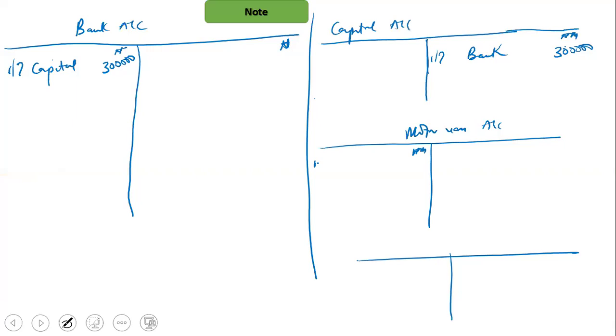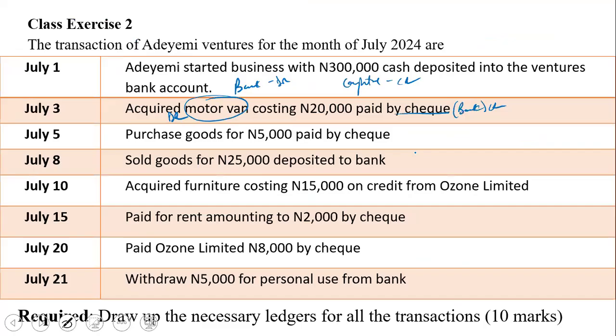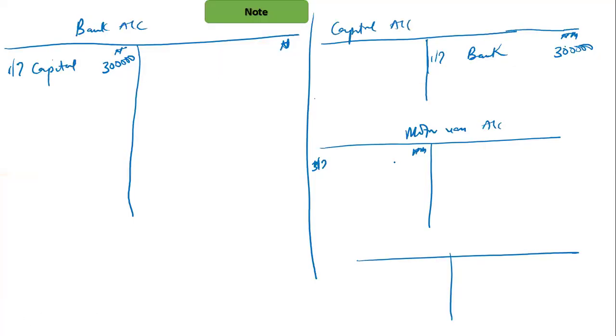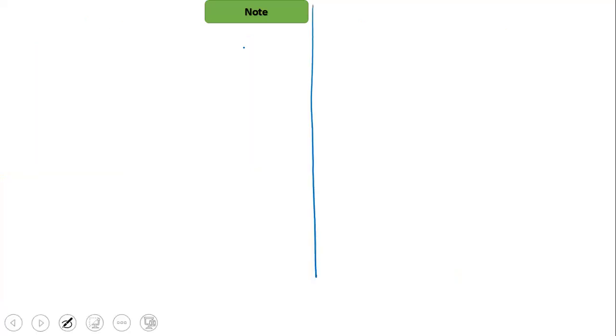The date is July 4th. Amount, we bought at 20,000 naira. So go to our bank, 4th of July, and then how much? 20,000. Corresponding entry, motor van.